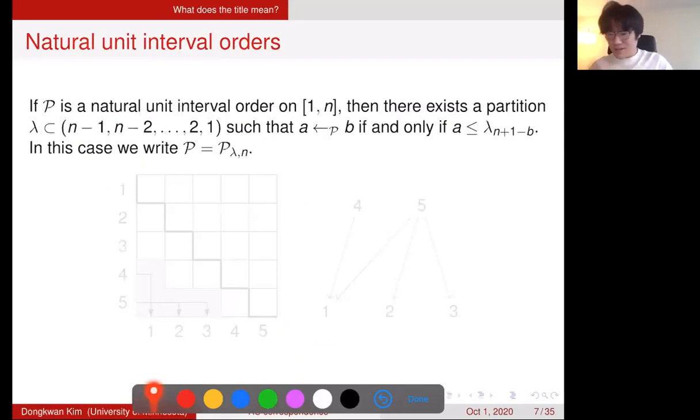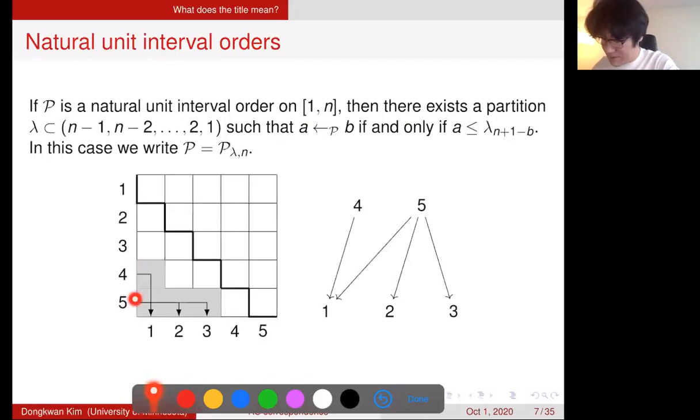Now the third condition, the equivalent condition, is that P is a natural unit order, then there exists a partition. So we will have this partition, which is in this case 3, 1. That is my convention. Then you can choose a different convention if you want, such that A is smaller than B if and only if A is smaller than this number.